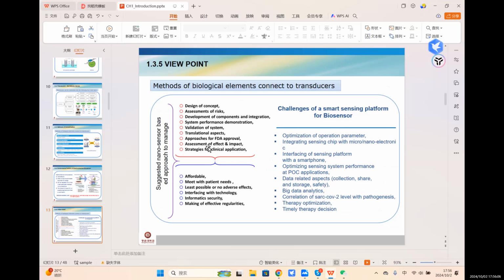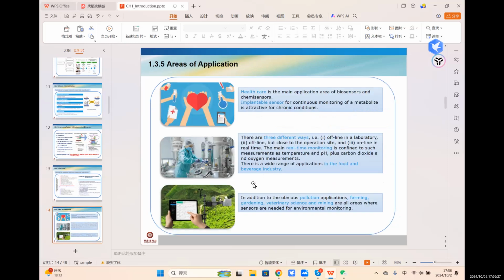And next title is viewpoint, and there are so many points. Design of a concept, affordable, so there are some aspects, features and something like that. And the challenge of smart sensing platform for biosensors.